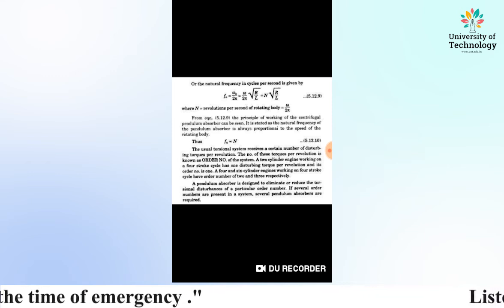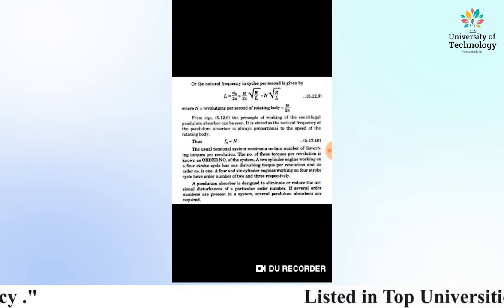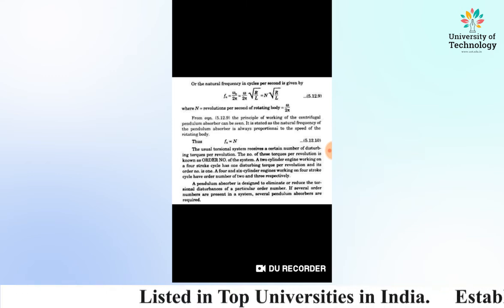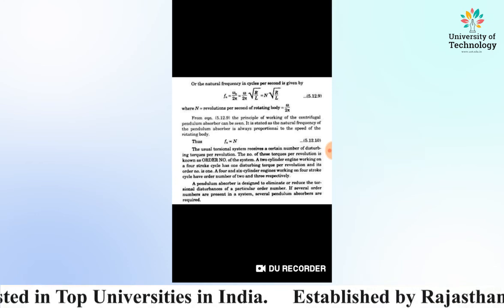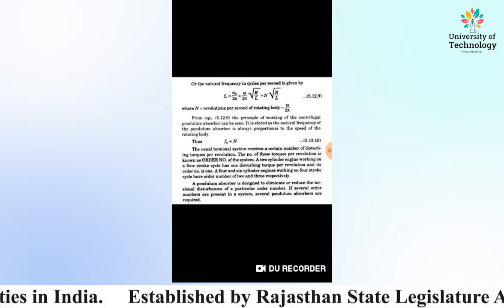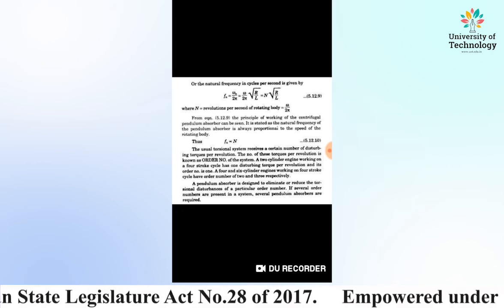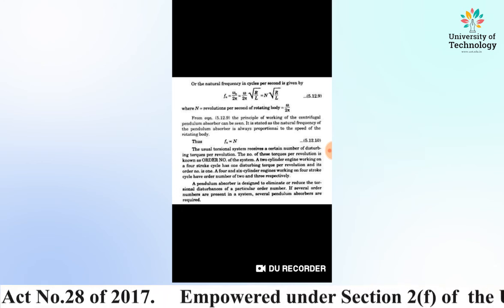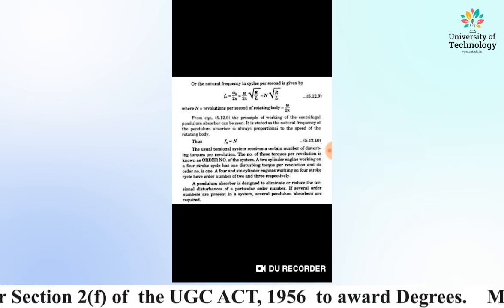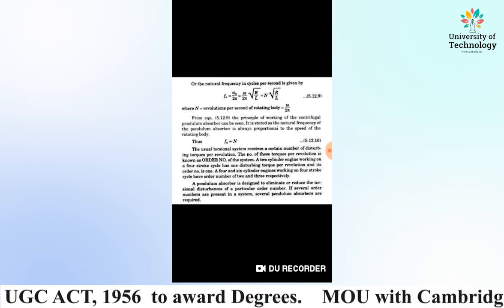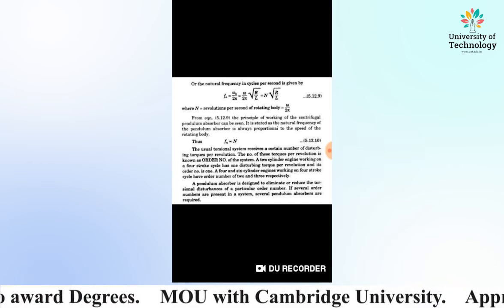From the above equation, the principle of working of the centrifugal pendulum absorber can be seen. It is stated that the natural frequency of the pendulum absorber is always proportional to the speed of the rotating body.